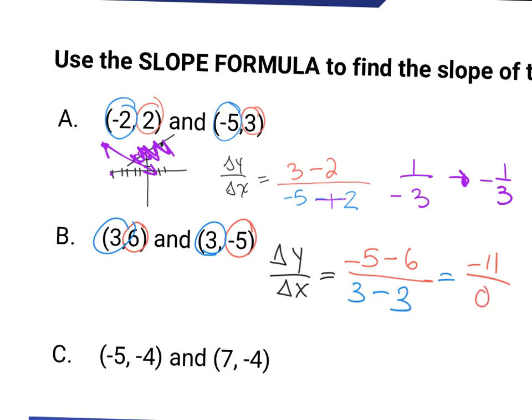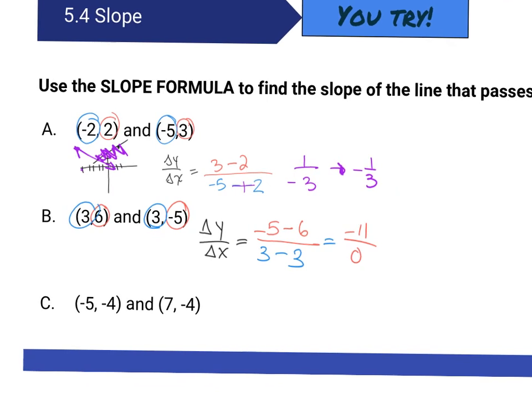What happens when I divide by 0? No, you can't divide by 0. That is what we call undefined. And if I was to graph it, carefully this time, (3, 6) and (3, -5), look, it's a vertical line, and vertical lines have undefined slope. So if you have 0 in the denominator, it's undefined.